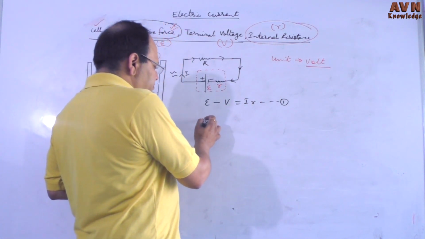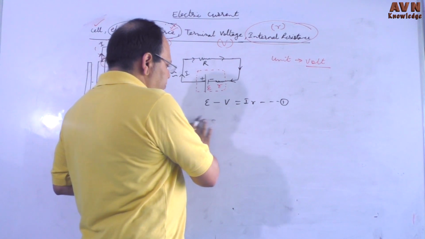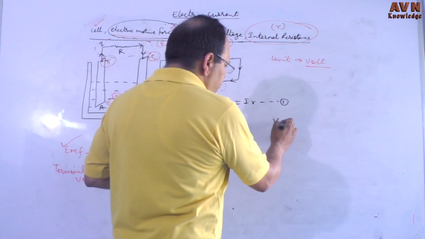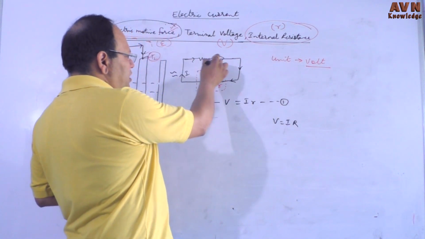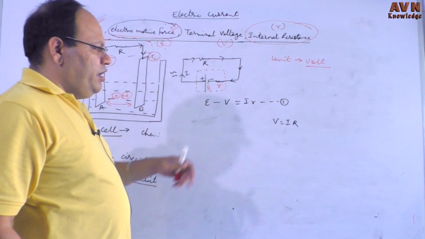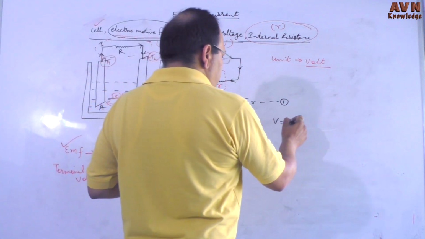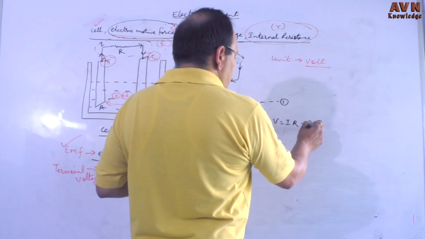By Ohm's law, V equal to I into R. If the current is I and the resistance is R, you can write V equal to IR by Ohm's law.